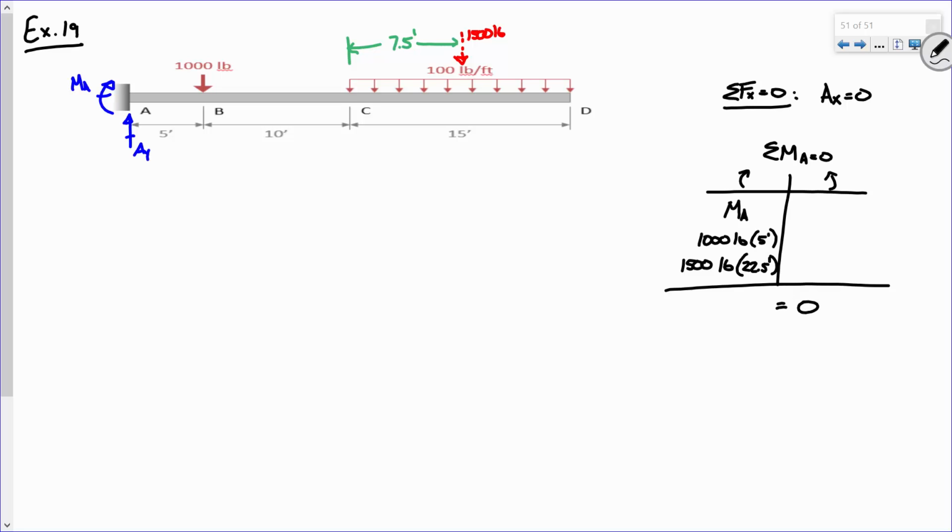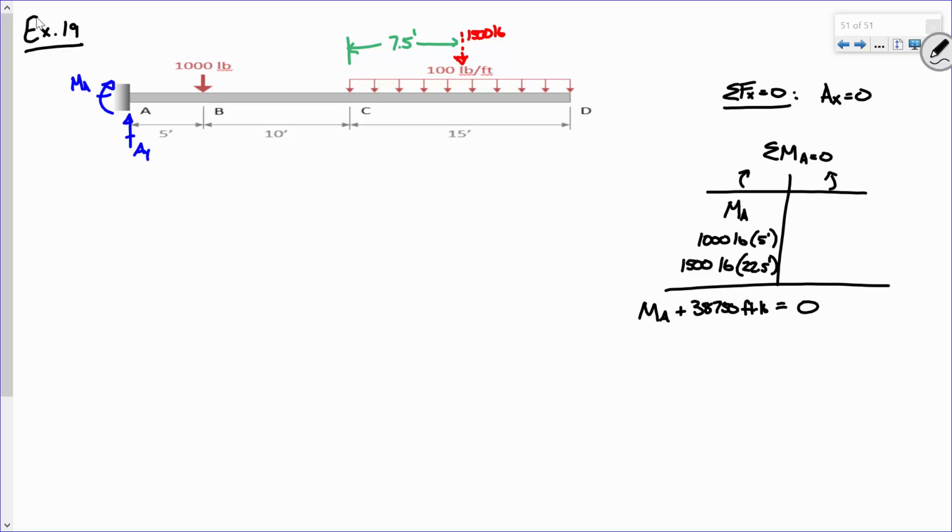So over here, this is 0. So I'm going to have MA plus what? So, well, I got what was that, 38,750? So MA plus 38,750 foot-pounds equals 0.